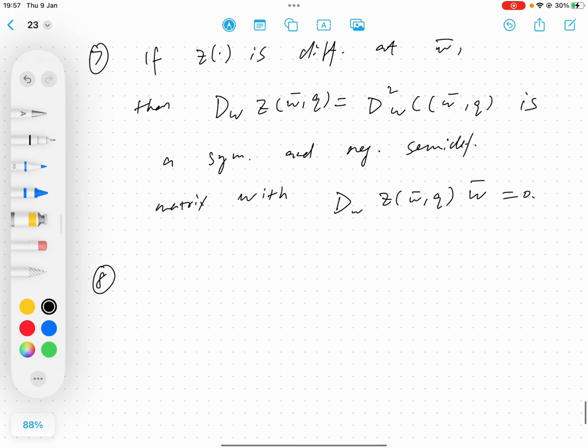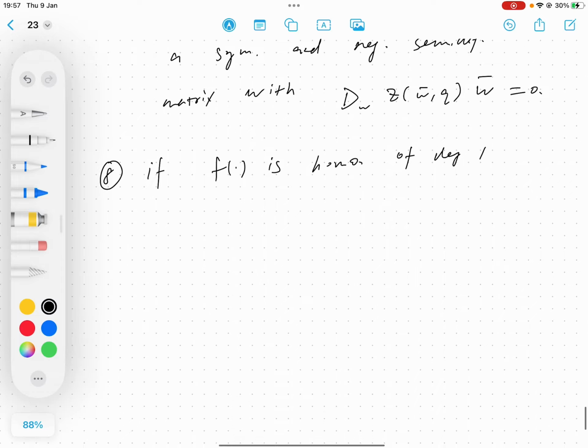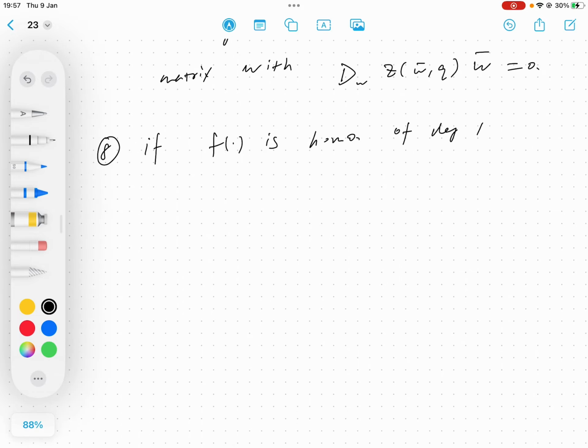is that if F is homogeneous of degree 1. Okay, so F homogeneous of degree 1 means that it's constant returns to scale.